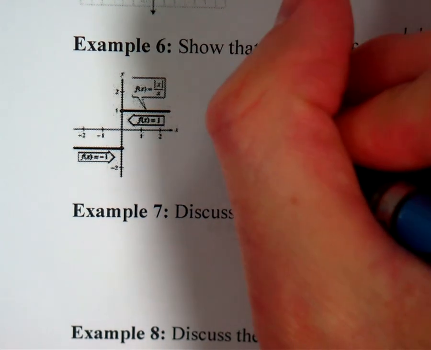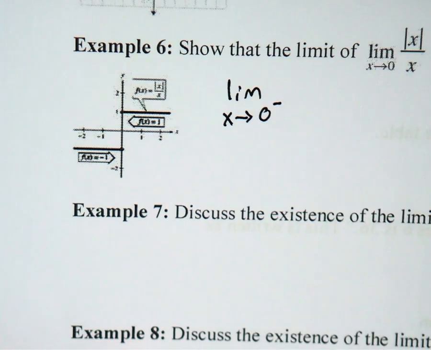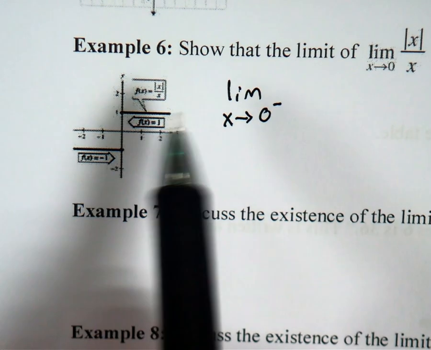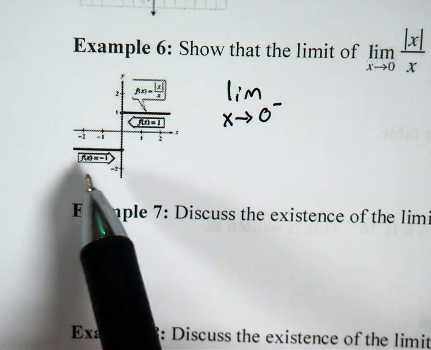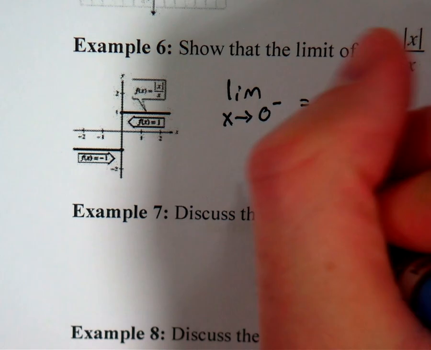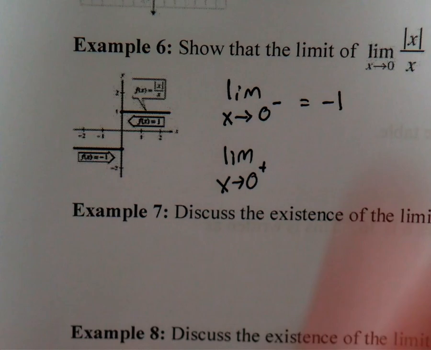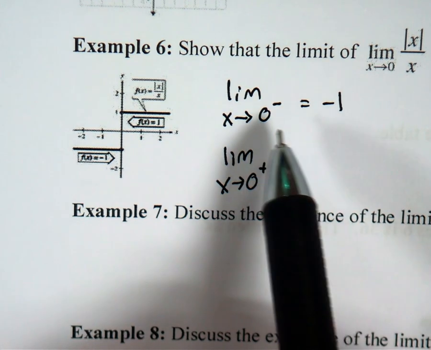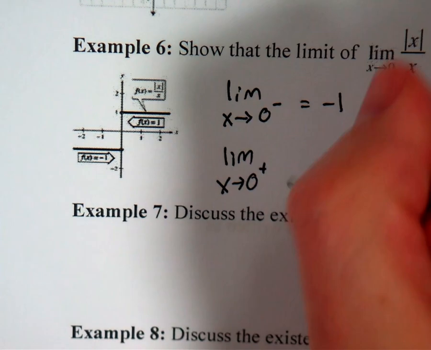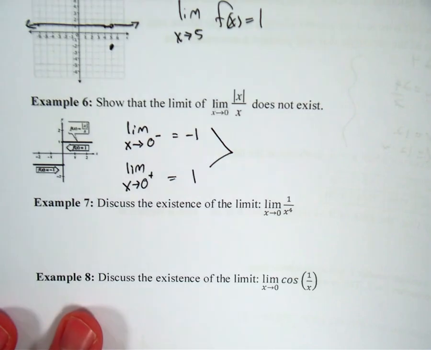So the limit as x approaches 0, and then we're going to do a negative sign because I'm coming in from the negative side, or the left, that is -1. And the limit as x approaches 0 plus, from the positive side, or the right, equals +1. They don't match. Not the same.